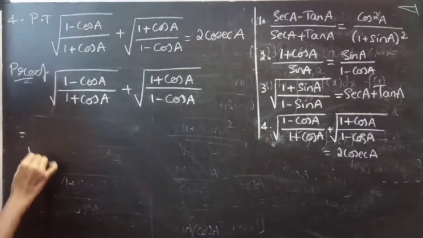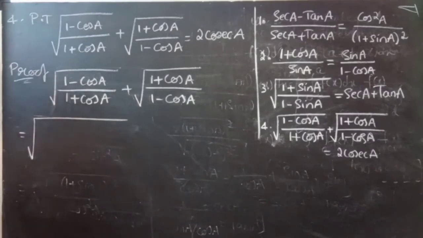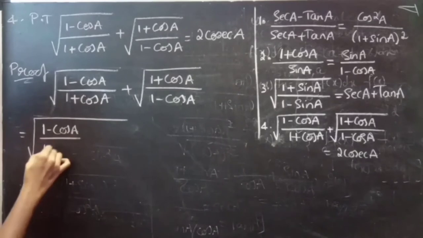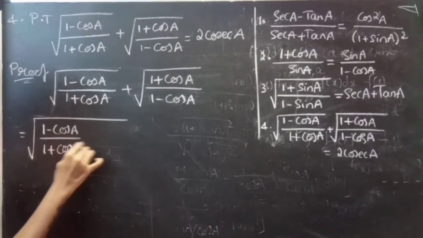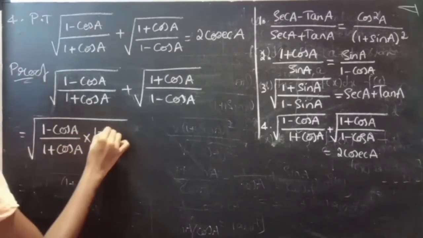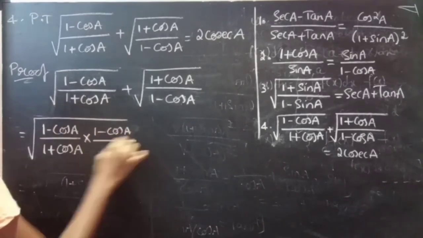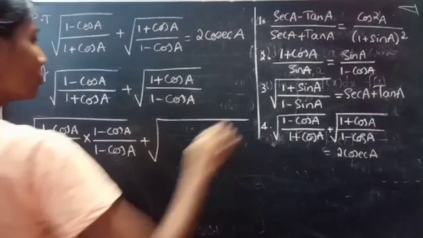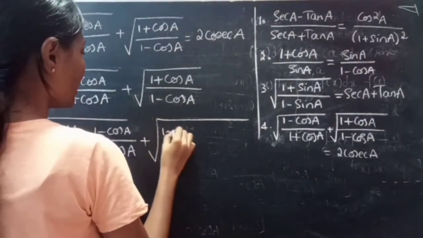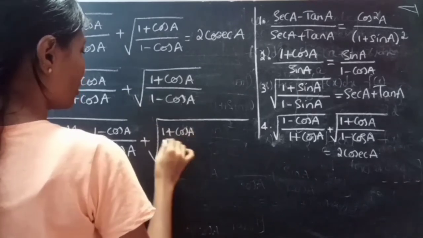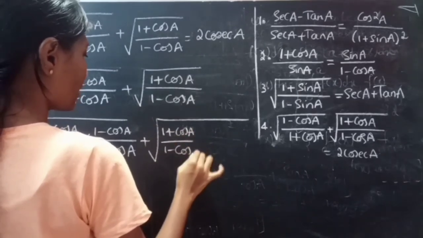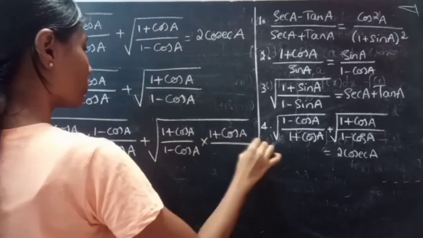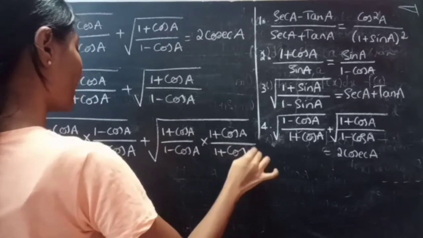So this equals, now we are going to rationalize the denominator. (1 minus cos A) by (1 plus cos A) into (1 minus cos A) by (1 minus cos A) plus root over (1 plus cos A) by (1 minus cos A) into (1 plus cos A) by (1 plus cos A).